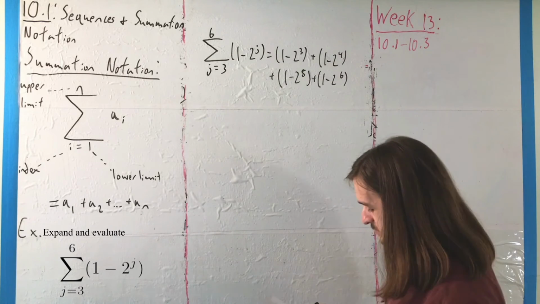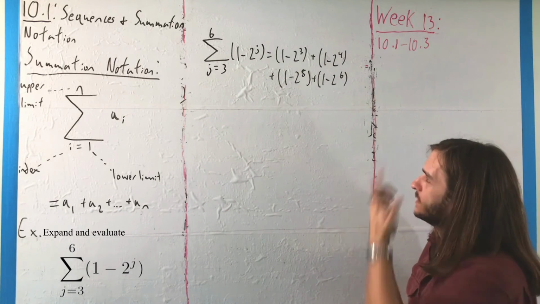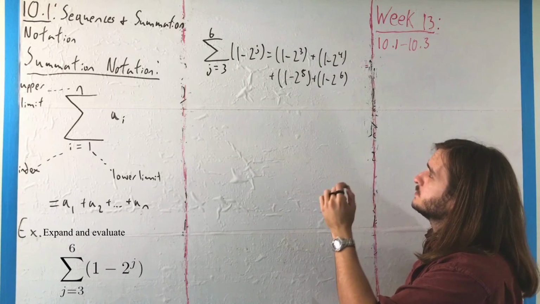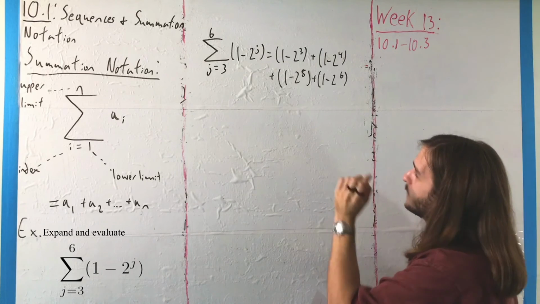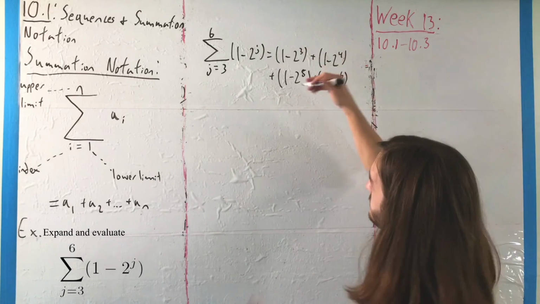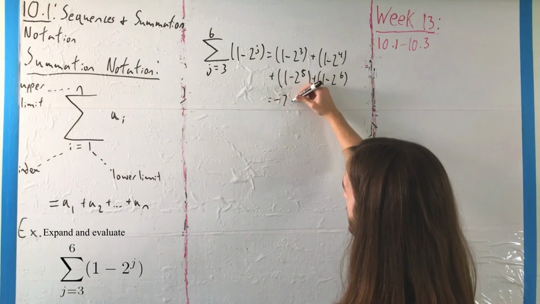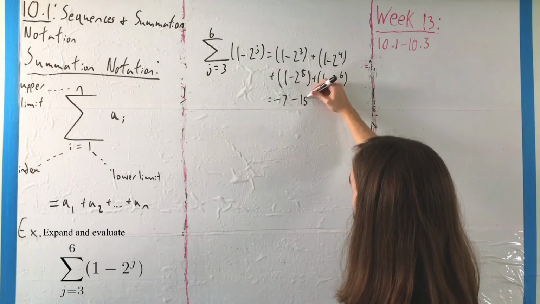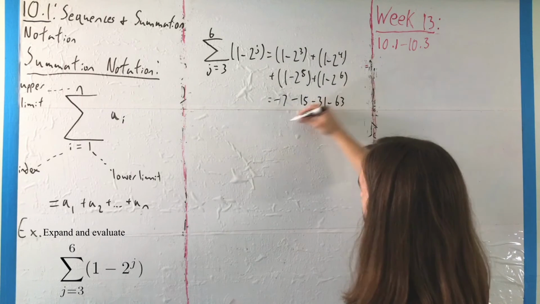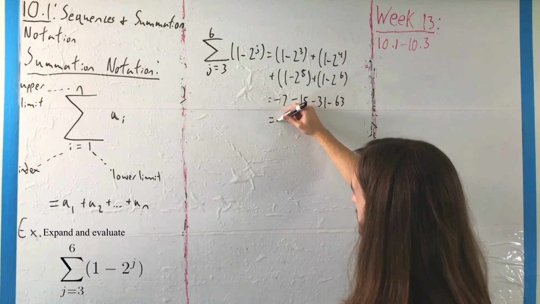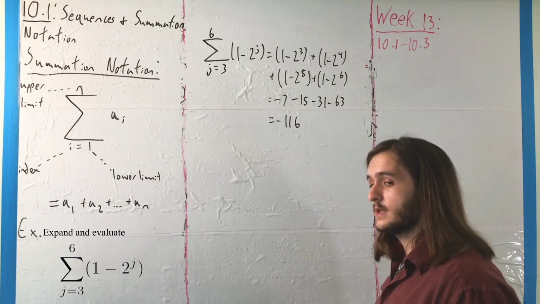I tried to get ahead of myself to say there's more than 4 things, but really it's just 4 here, where 2 cubed is 8, 2 to the 4th is 16, 2 to the 5th is 32, and 2 to the 6th is 64. So we will have negative 7, negative 15, negative 31, and negative 63 for a total of negative 116 for that sum.